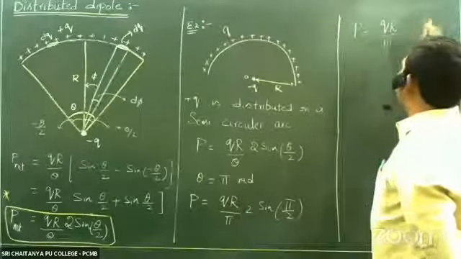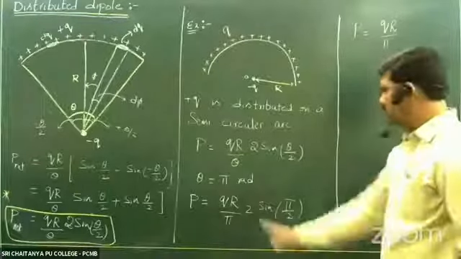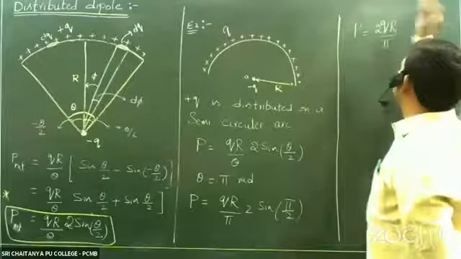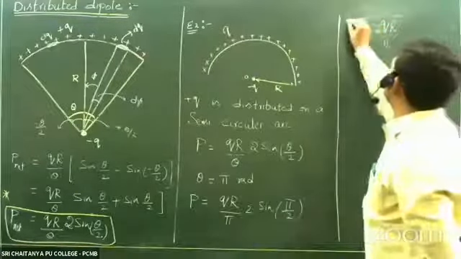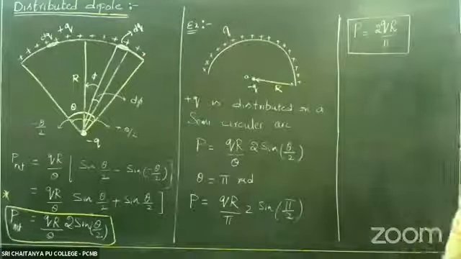QR by pi, sine pi by 2 is sine 90, which is 1, so 2 remains. 2 QR by pi. This is the answer. Right?